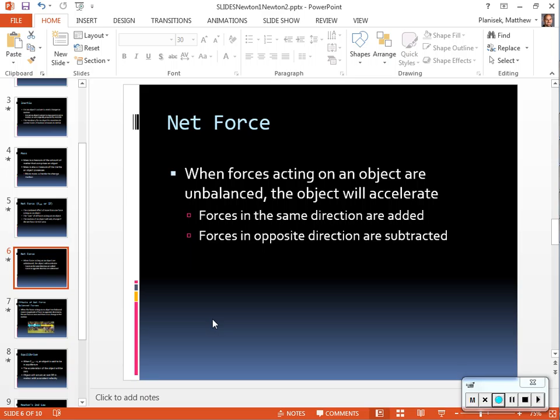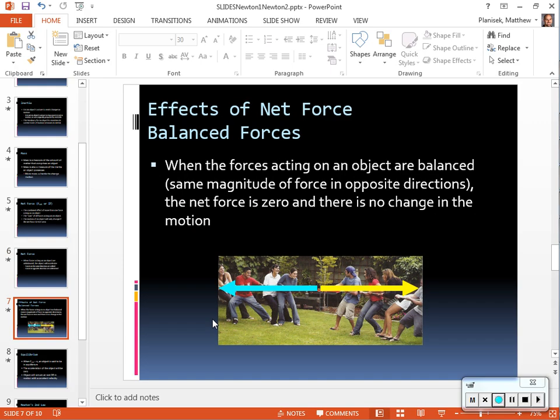The magnitude is how hard we're actually pulling or pushing, right? Remember, magnitude is how big or how much. So when we're talking about force, it's how hard are we actually pushing or pulling. Or if we go back to Tuesday, how many newtons of force is there? But we can't just talk about how much force there is. We also have to talk about which direction that force is pulling.